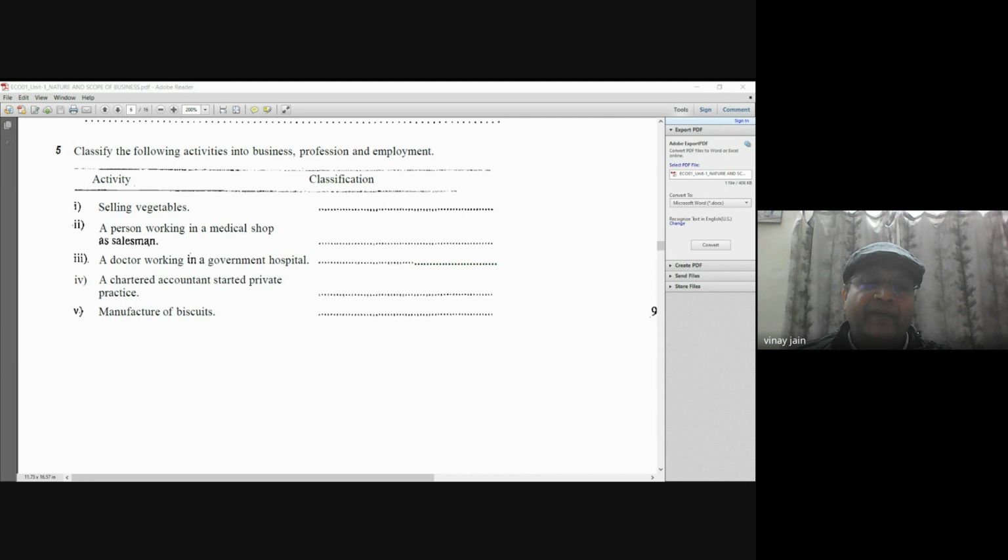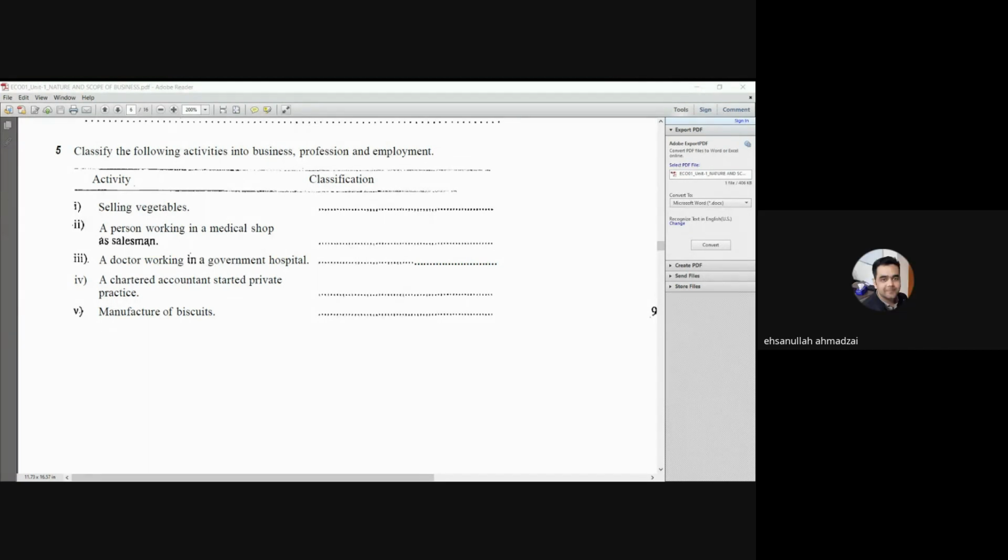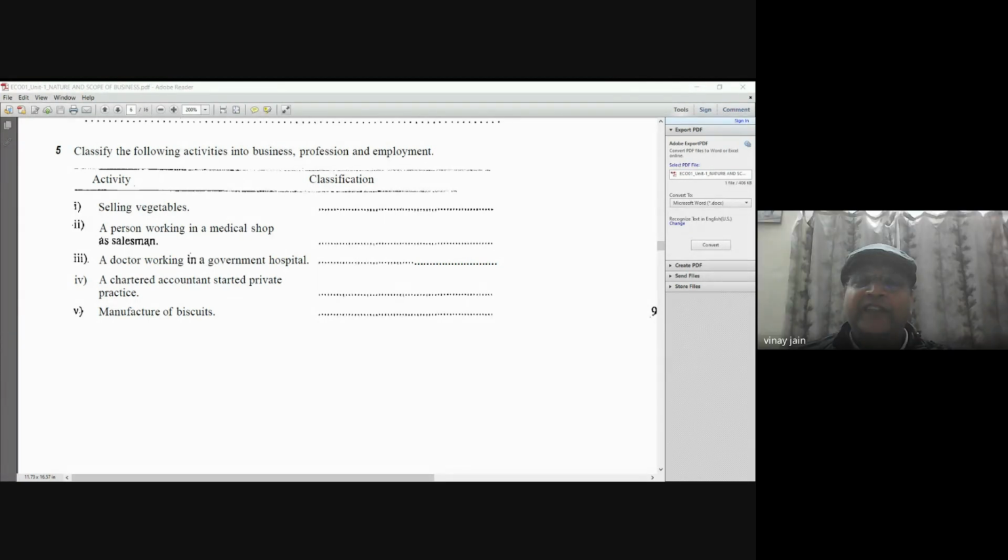Yes, yes. Good. A doctor working in a government hospital. It is also employment, teacher. Yes, because he is getting salary after every month. Good.